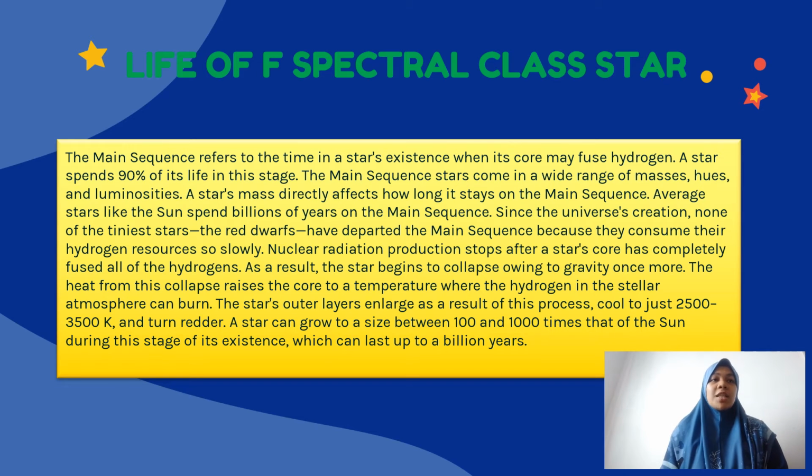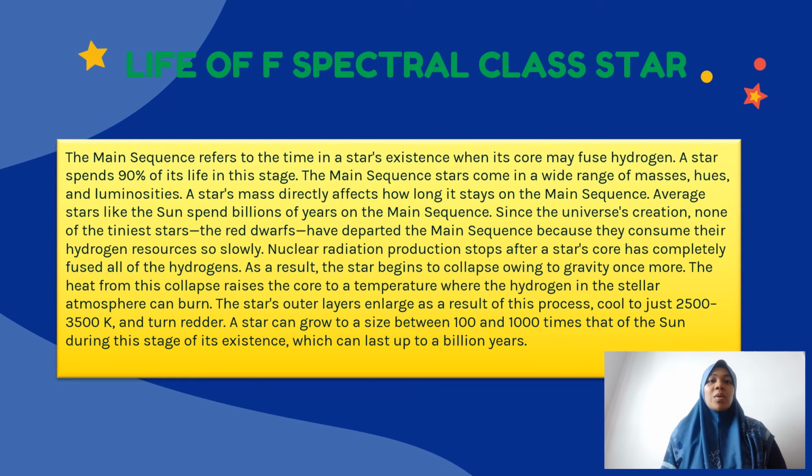Since the universe's creation, none of the tiny stars, the red dwarfs, have departed the main sequence because they consume their hydrogen resources so slowly. Nuclear radiation production stops after a star's core has completely fused all of the hydrogen. As a result, the star begins to collapse owing to gravity once more. The heat from this collapse raises the core to a temperature where the hydrogen in the stellar atmosphere can burn.